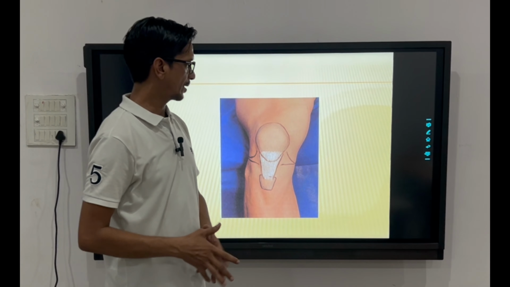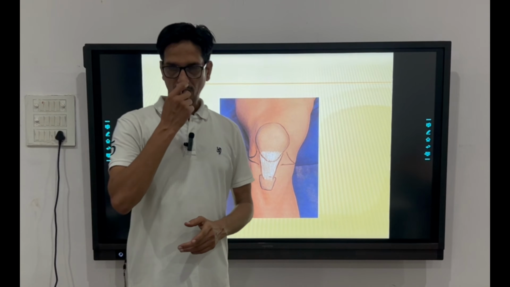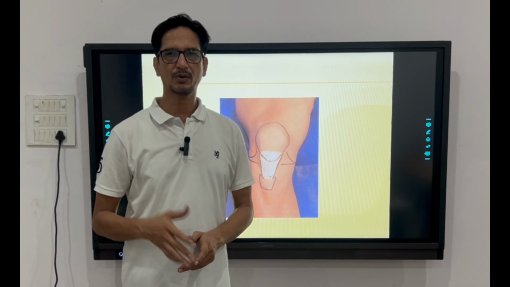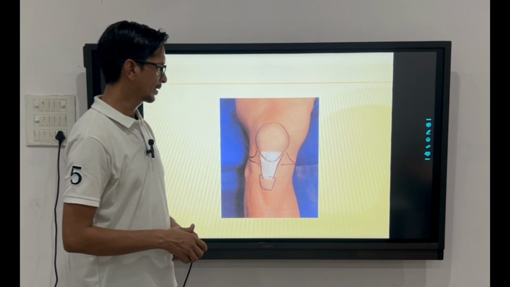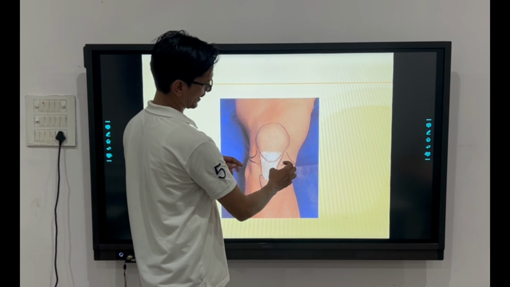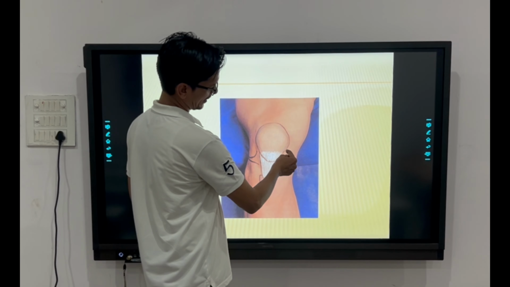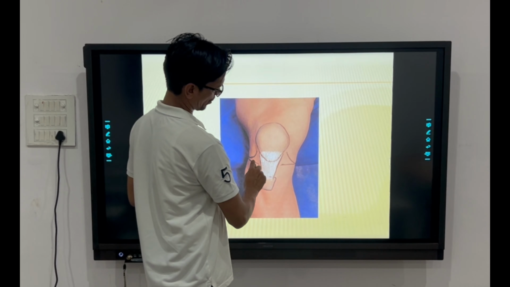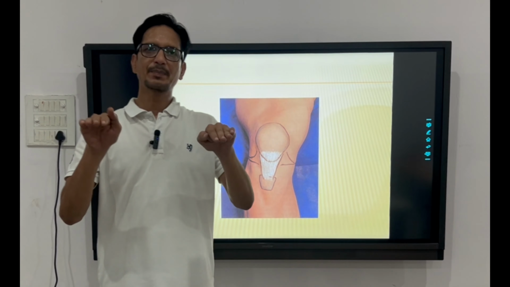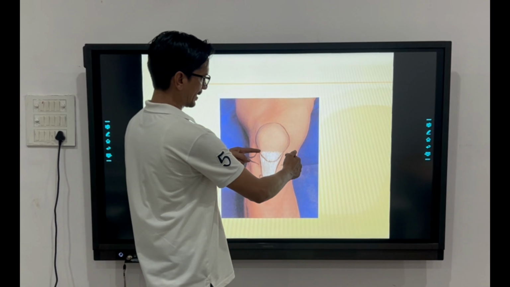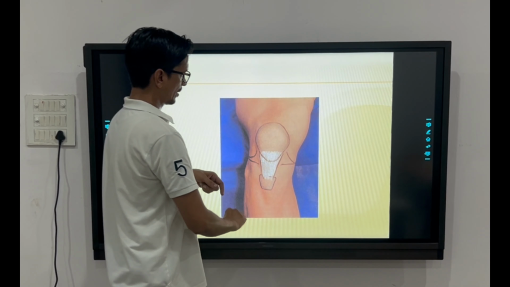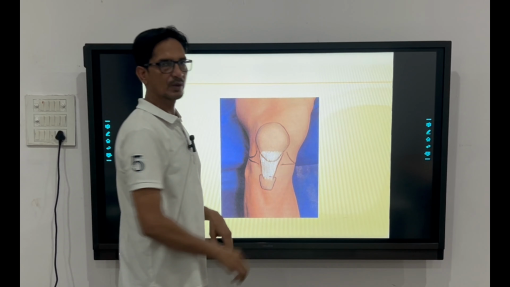Now another method, one more thing, prior to the palpation of the rest of the bony and soft tissue landmarks, we can also identify in this figure. You can see here is a line, one is almost horizontal, representing the tibial plateau, and this oblique or curved line is representing the femoral condyle.